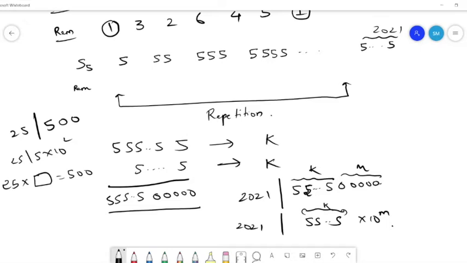Now, if you were able to cancel out this 100, then we would have only 5 on the right hand side and 25 here, and we could say that 5 is divisible by 25, but the cancellation is not possible here.